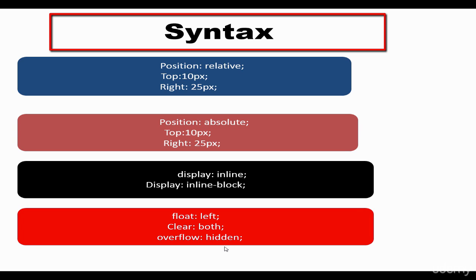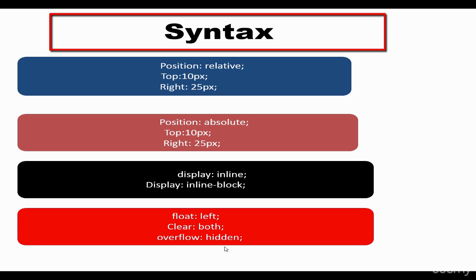We also mentioned the display property, which determines how the elements are displayed, either inline or block, or as inline-block, which means stack them up horizontally but as block elements.